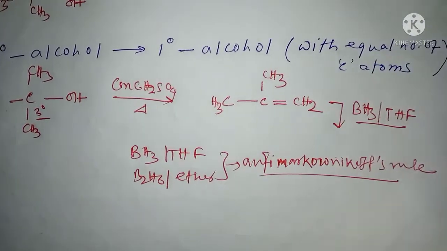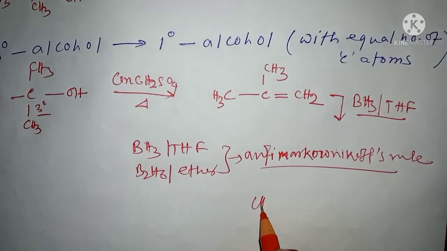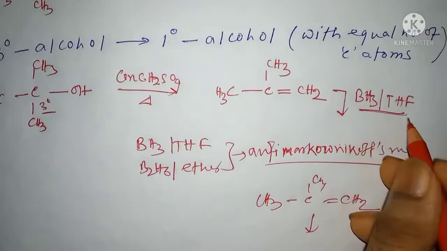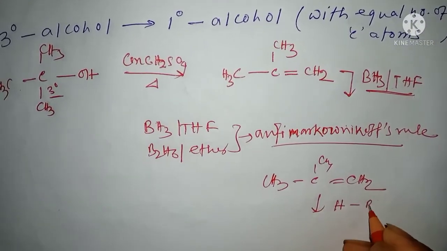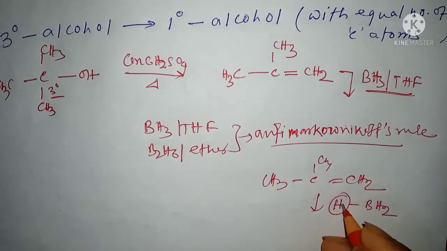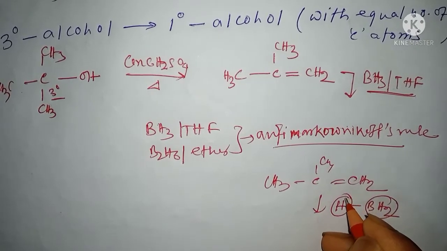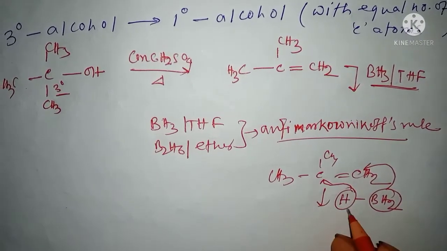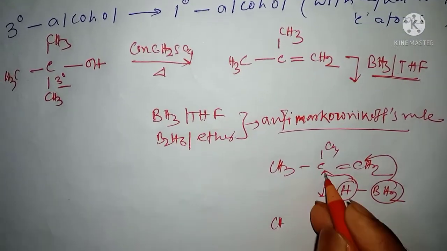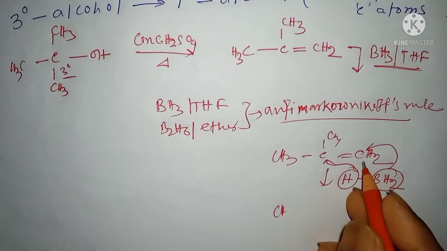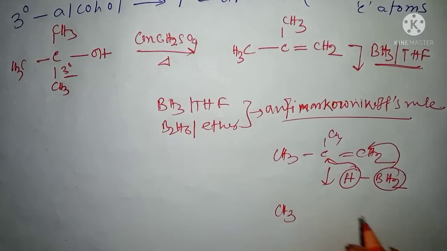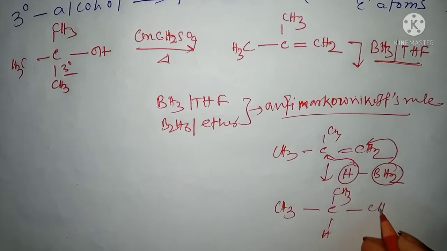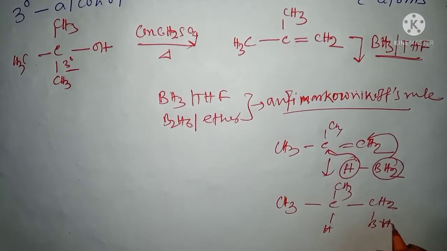So in (CH3)2C=CH2 with BH3, this is BH2 and H. This H attaches to this carbon and BH2 attaches to this carbon, because the anti-Markovnikov rule is followed. Hydrogen attacks the less hydrogenated carbon and boron attacks the more hydrogenated carbon, like HBr. So this is (CH3)2CH-CH2BH2.